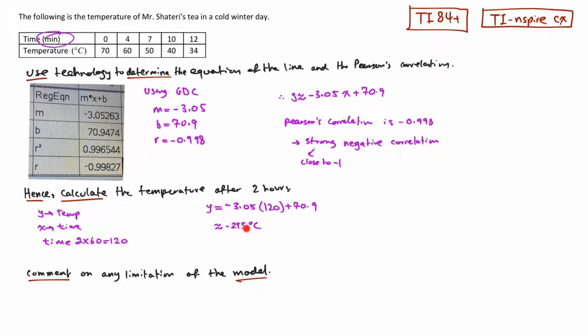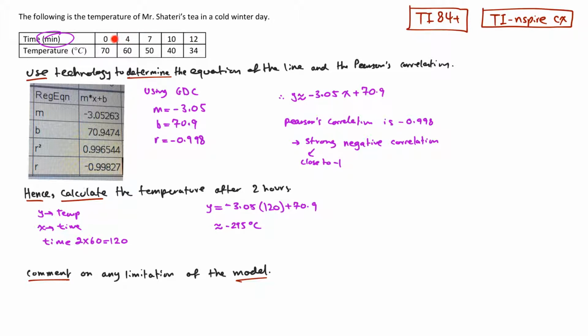So it does say that this model isn't the best. It is a good model within our range of data, so it's actually nice to do interpolation, but it's not very good when you start to extrapolate, especially as you get further and further away from the times that we have.